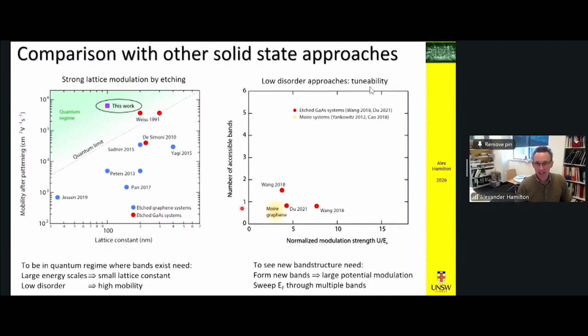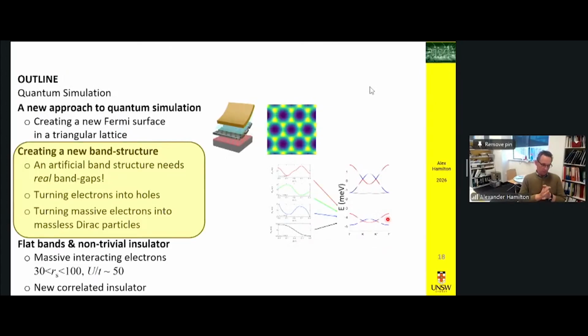For these etched gallium arsenide samples, you can get to a slightly stronger modulation strength, but the tunability is still quite limited. For graphene on patterned substrates, you can't really get to strong modulation strengths. And then for what I'm going to show you now, we can really cover a huge number of accessible bands, and we can go from switching the modulation off to having very strong electrostatic modulation. So that's how we want to create a new Fermi surface.